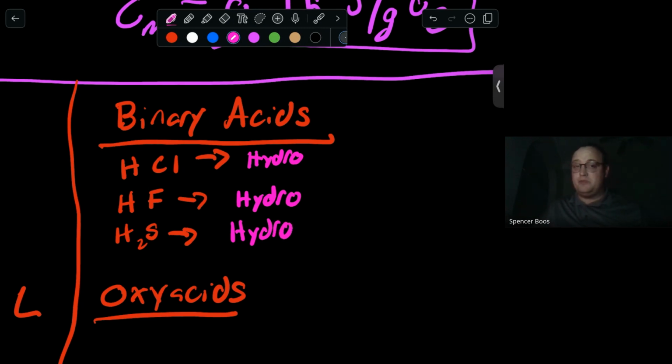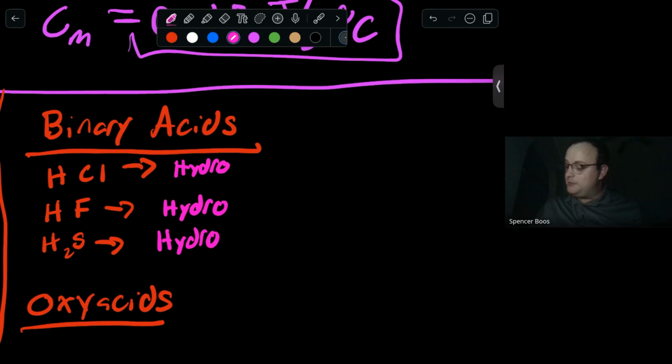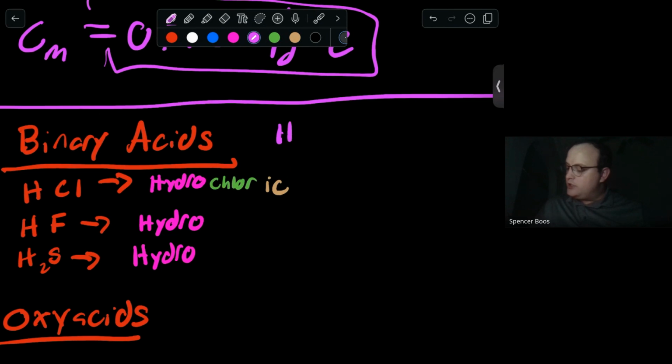Always. Then we take the base of the word. So for chlorine, that'd be chlor. And then we always end in ic. So for binary, you start with hydro, then you do the base of the word, then you end with ic.